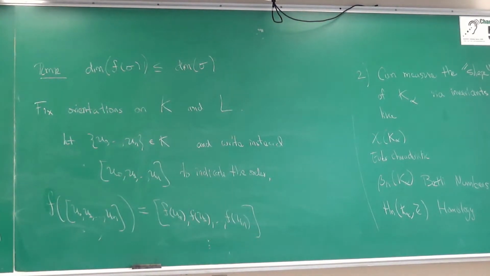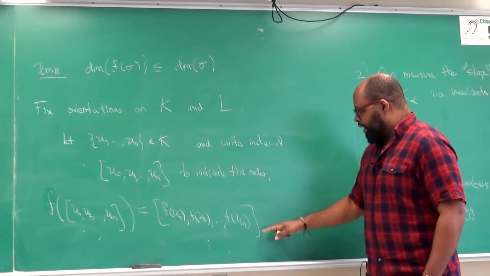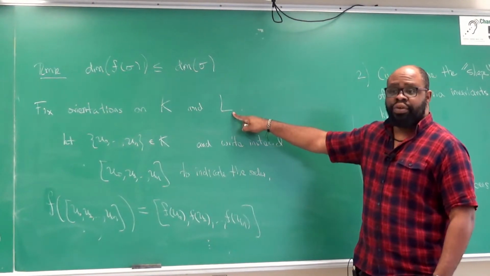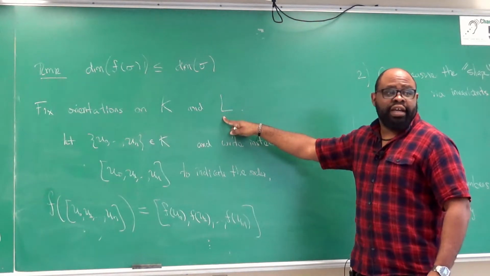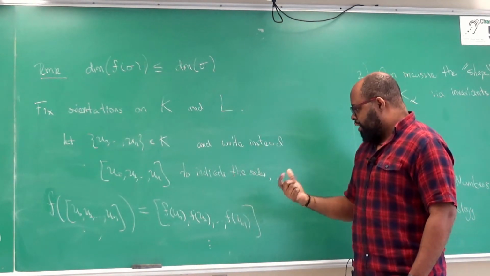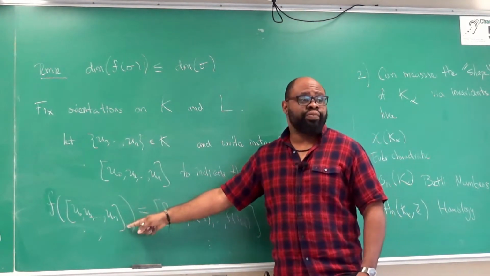Okay. But the thing to keep in mind, to be very careful about, is that now this is a simplex in L, correct? And then this has a particular order of its own, right? And it doesn't have to agree with the order of the U's. Okay?